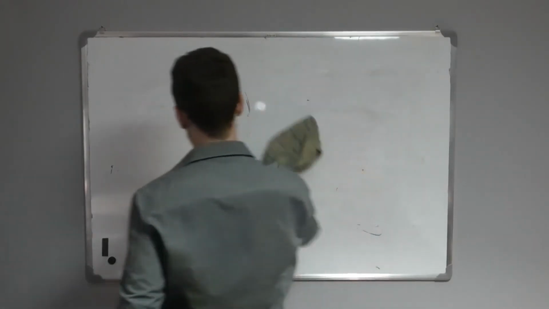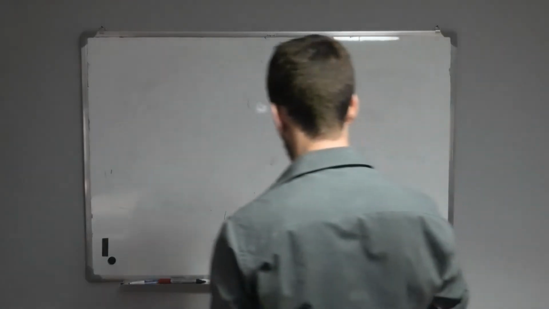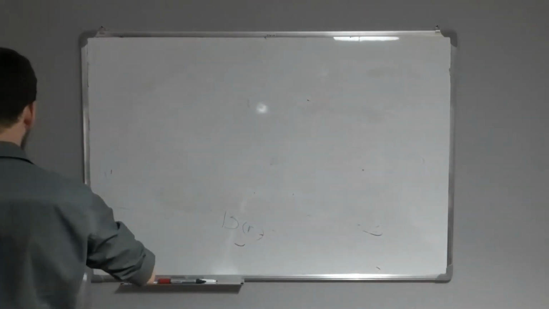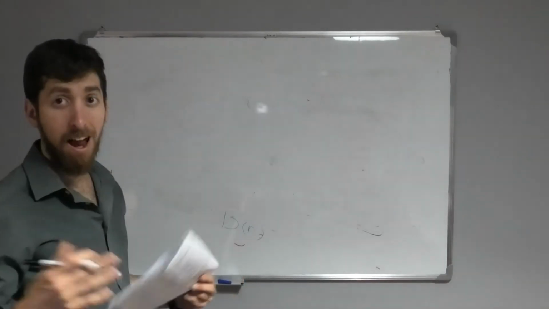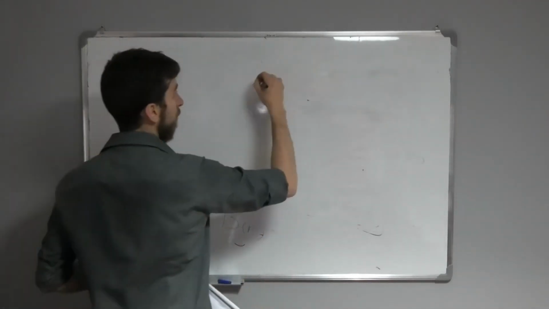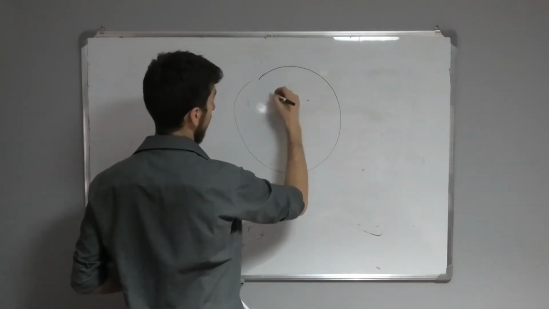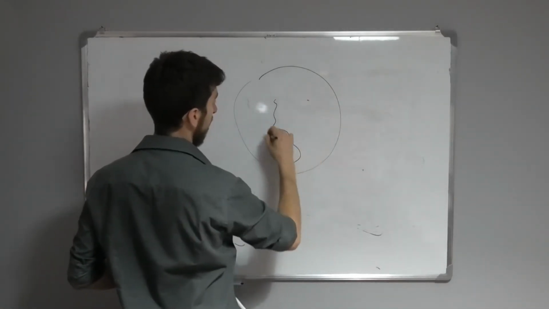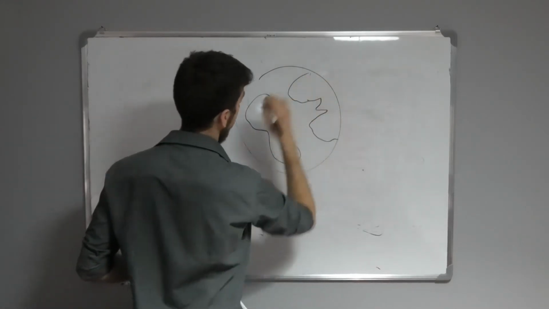So the second part, the next question. Okay, so I don't know if you know that, but Earth itself, the world, this is the Earth, this is, say, America, Europe, right, Africa, this is the world.